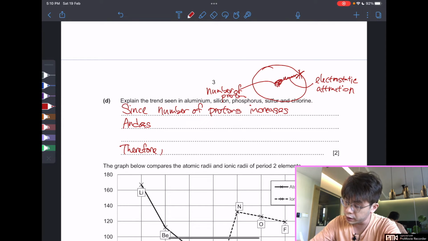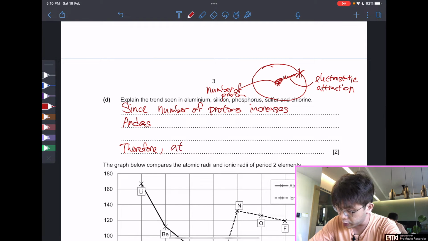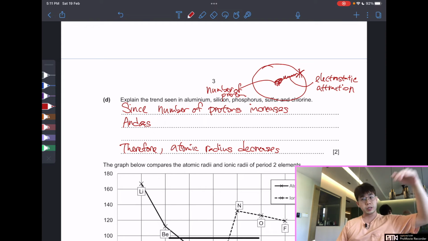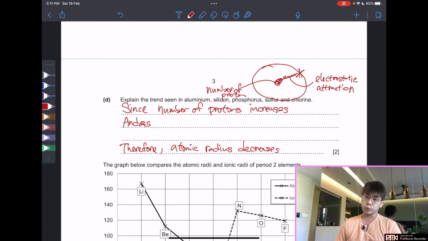And what we're explaining is the trend. So therefore, atomic radius decreases. As we go from aluminum, silicon, phosphorus, sulfur, and chlorine, the atomic radius decreases. Why does atomic radius decrease? One possible reason is that the attraction between the nucleus and the valence electron increases, so it's put closer, right?